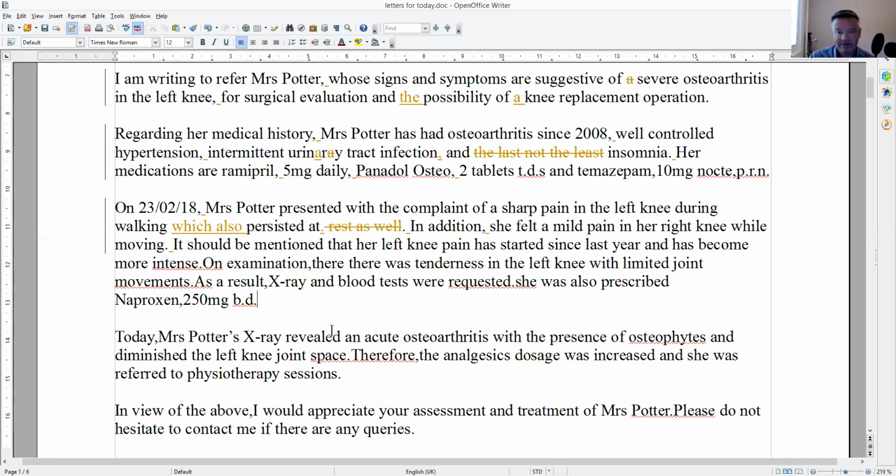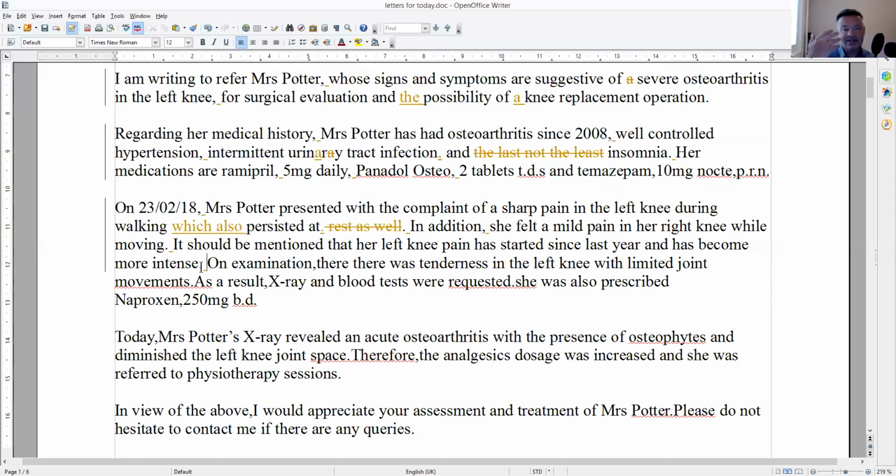During walking, I mean, I would have probably, right. So, as I've mentioned before, grouping like or similar information together. Okay. So, why do you have the pain in the left knee? Oh, and then there's something in the right knee. Oh, and back again to the left knee. Why would you do that? That doesn't really make a lot of sense in terms of logic. Wouldn't it be better to put all the left knee? She's got the complaint of a sharp pain.